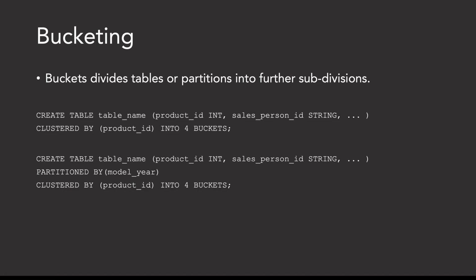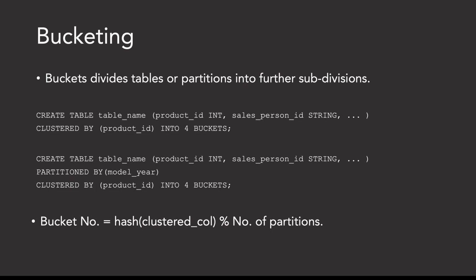Now the question is, if you mention 4 buckets or 10 buckets or 20 buckets, how would Hive put records into individual buckets? So there's a formula. Bucket number is equal to the hash of the cluster column modulo the number of buckets. In this case, bucket number would be equal to the hash of the value of product ID, and then modulo 4 will give you the bucket number.